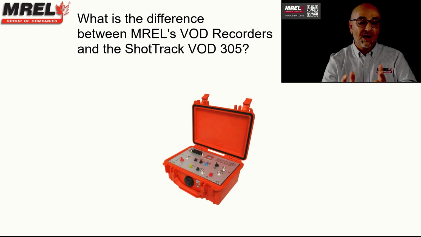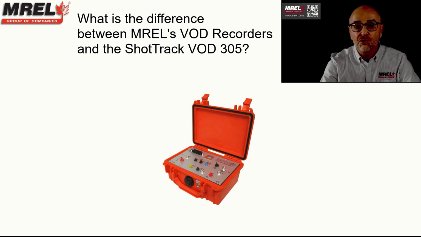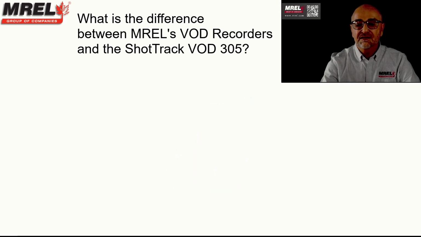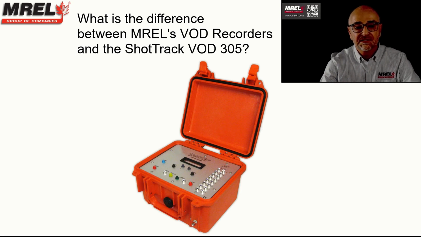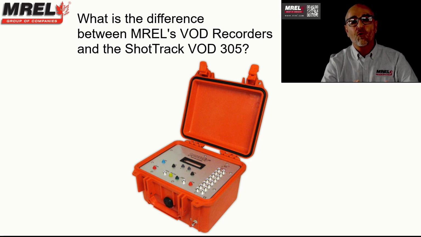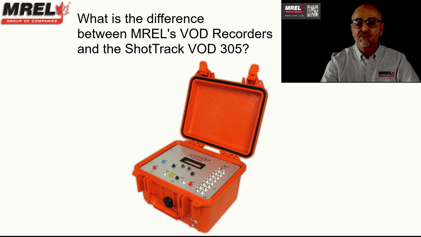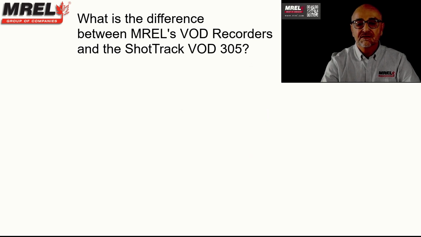The world's most popular continuous explosives VOD recorder, the MicroTrap VOD data recorder, records at 8 times the speed and data points per meter than the ShotTrack VOD 305. The world's most capable continuous explosives VOD recorder, the DataTrap 2 data VOD recorder, records at 40 times the speed and data points per meter than the ShotTrack VOD 305.